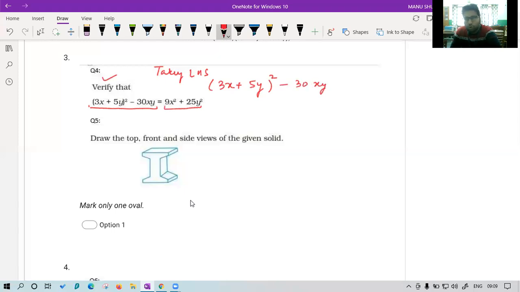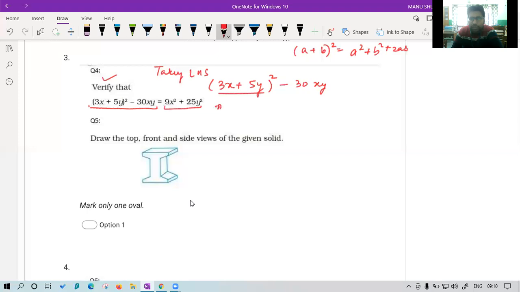So first we will open the whole square. We all know this is like the formula of a plus b whole square. Class, please confirm what is the answer of the formula. What is the formula of a plus b whole square? Write the formula first. It is a square plus b square plus 2ab.